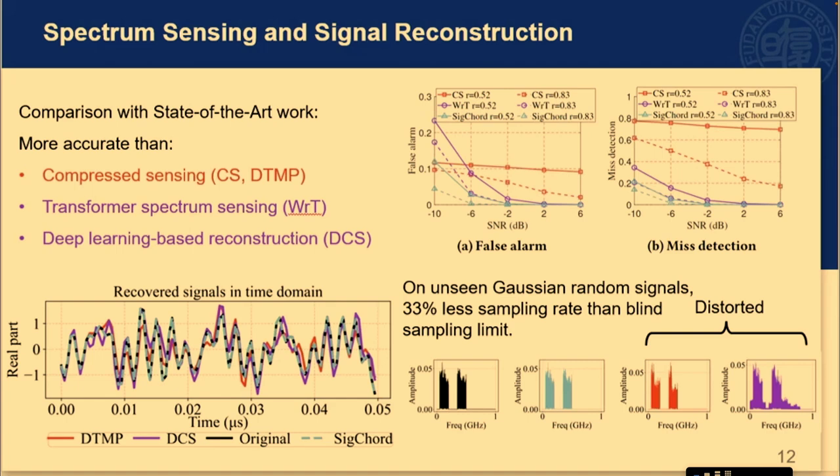For reconstruction of unseen Gaussian random signals, as shown in the bottom figures, SignalsforTerrestrial achieves near-perfect reconstruction even when sampling at a rate 33% below the blind sampling rate. In contrast, deep learning-based DCS and compressed sensing-based DTMP result in significant signal distortion. This means that C-Code can capture more signals with the same amount of sampling resources.